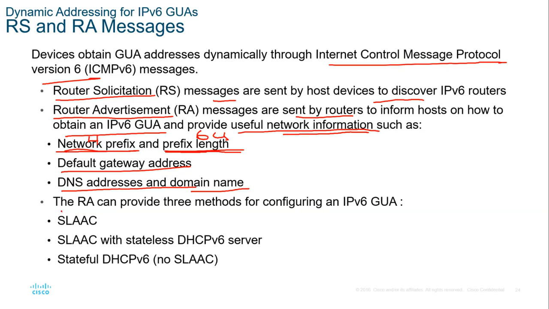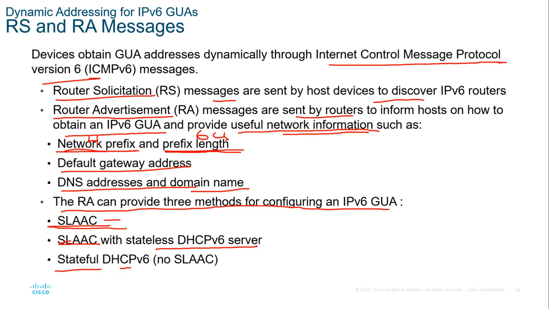So the router advertisement can provide 3 methods of configuring an IPv6 global unicast address. We have SLAAC, which stands for Stateless Address Autoconfiguration, then SLAAC with stateless DHCP, where DHCP stands for Dynamic Host Configuration Protocol, and then stateful DHCP.